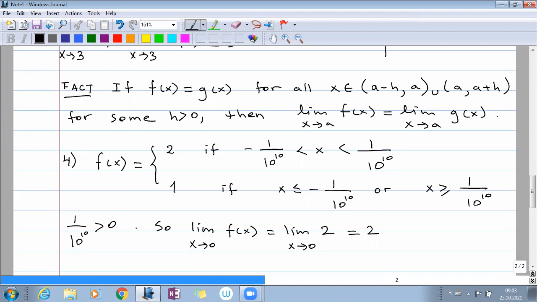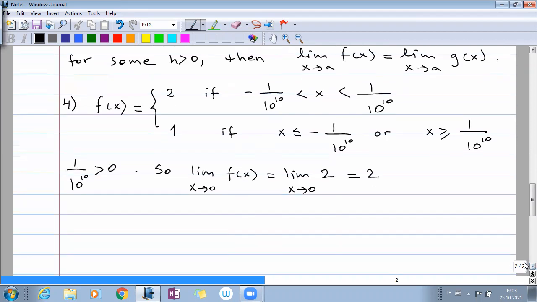Okay? Any questions? So for the graph of this function, it depends on your scale, of course. When I'm sketching the graph, I can scale in any way I want. So I can say, here is -1/10 to the 10.